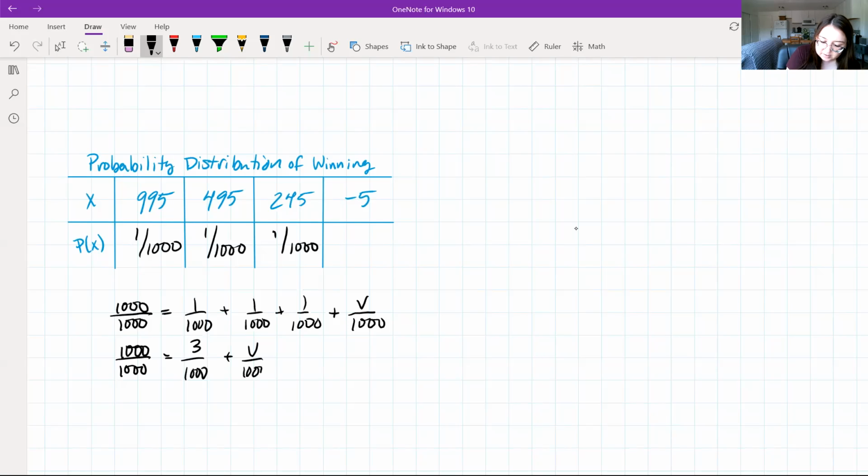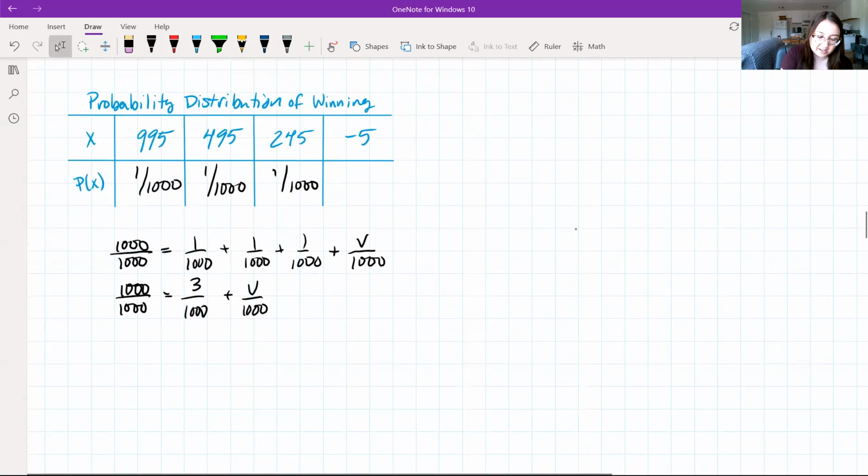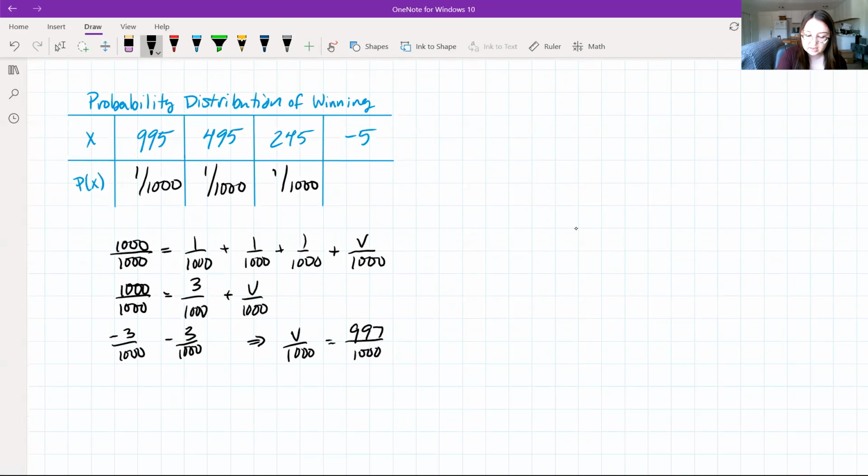plus v over 1,000. Now we can subtract our 3 divided by 1,000, and we end up getting that v divided by 1,000 is equal to 997 divided by 1,000.